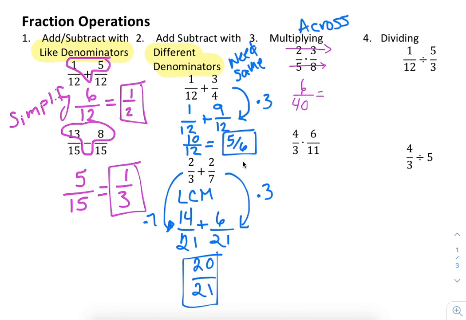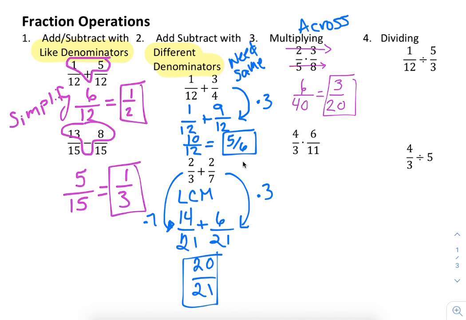And then obviously I'm going to want to simplify that down. 6 and 40 can both be divided by 2, so I'm going to go 3 over 20, and that is my final answer. Remember, you're always checking to simplify, even if it doesn't work, okay?